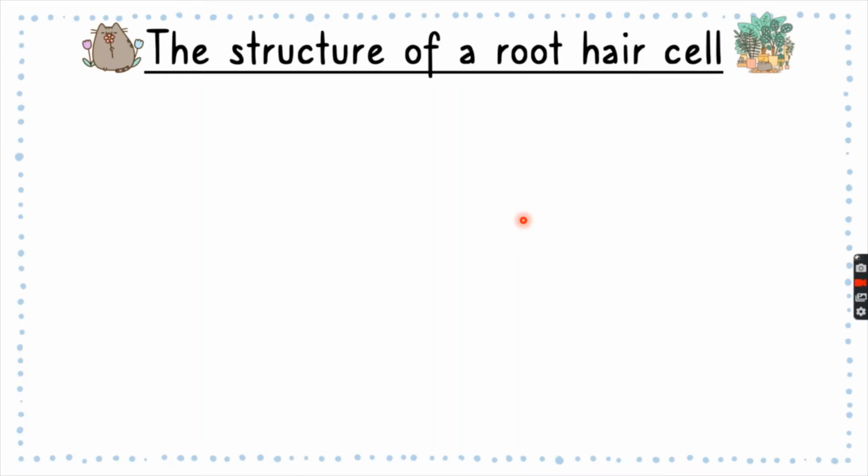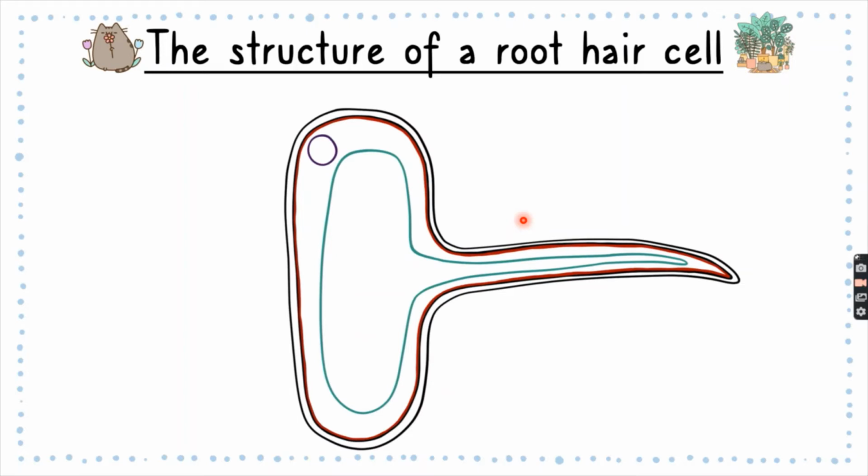Alright, so this part I'm just going to get into the detail of the root hair cell just to clarify some certain parts, because some people might not realize that plant cells actually have two very distinct layers, so I'm going to explain it to you now.